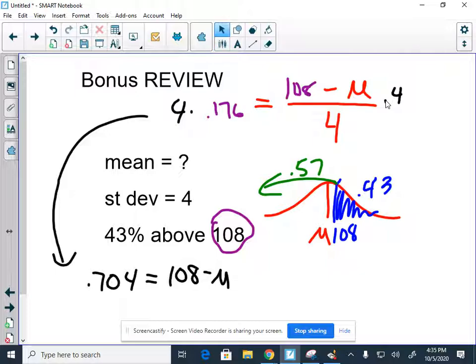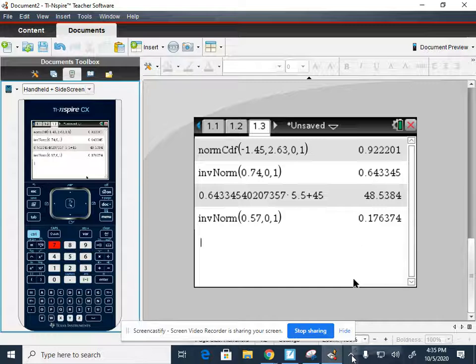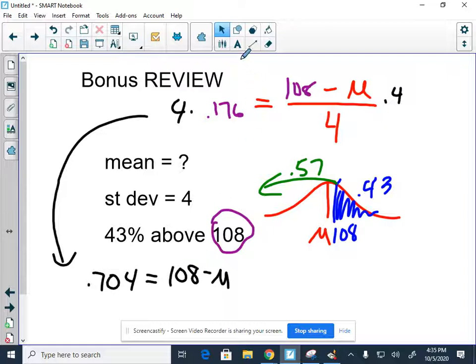I'm going to make sure 0.176 times 4 is 0.704. Okay. Now I'm going to subtract 108 from each side.